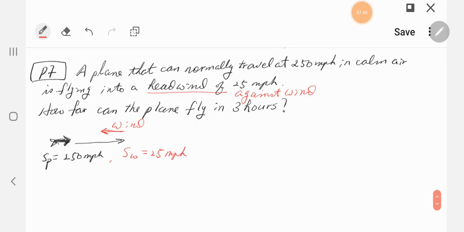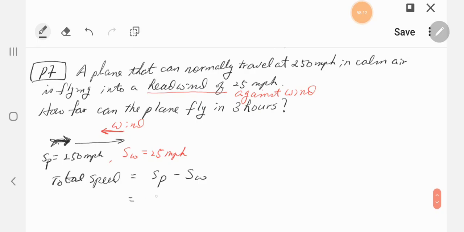So what is the total speed of the plane that is actually flying? It is the speed of the plane minus the speed of the wind, isn't it? Because the wind is reducing the plane's speed.